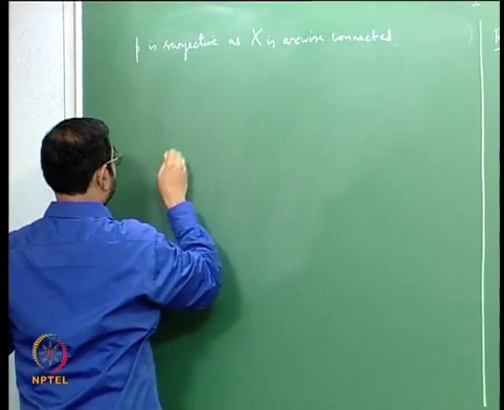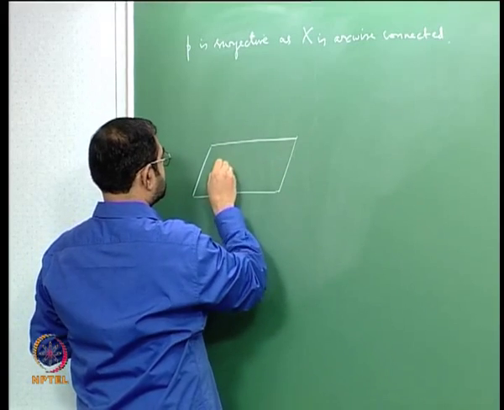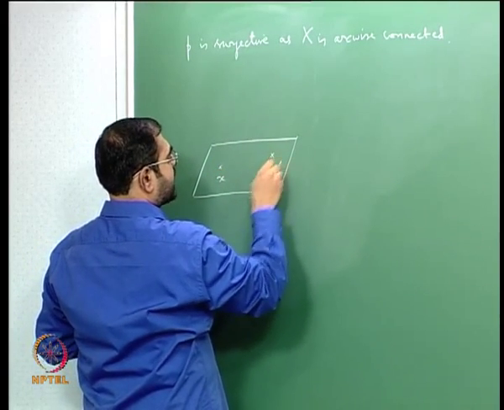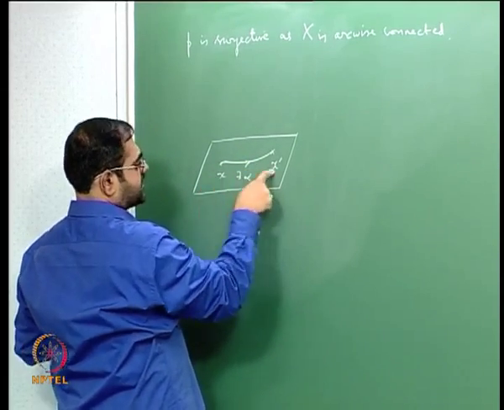Why? Because, well, here is X, give me any other point x prime, then there is certainly a path alpha which connects x to x prime.